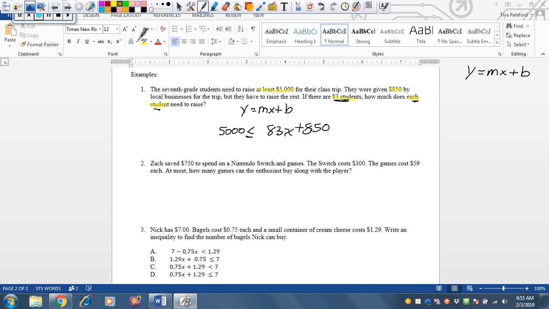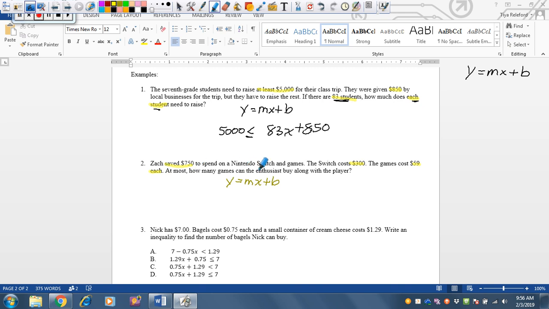Let's do number 2. Start by writing y equals mx plus b. You're going to need it. Zach saved $750 to spend on a Nintendo Switch and games. The Switch cost $300. The games cost $59 each.